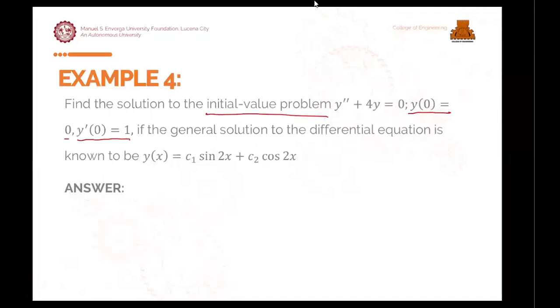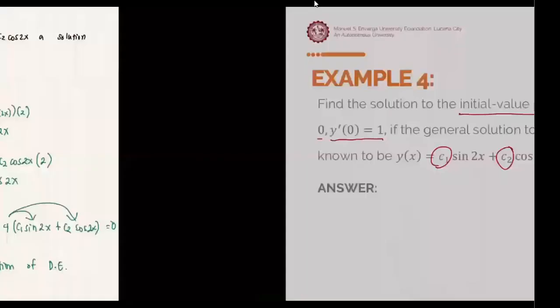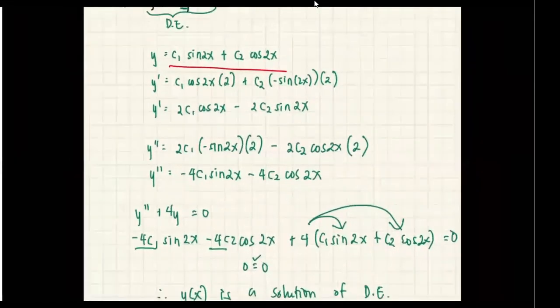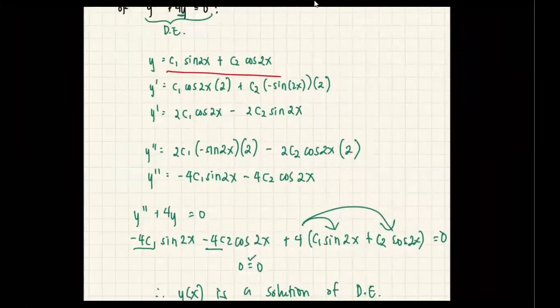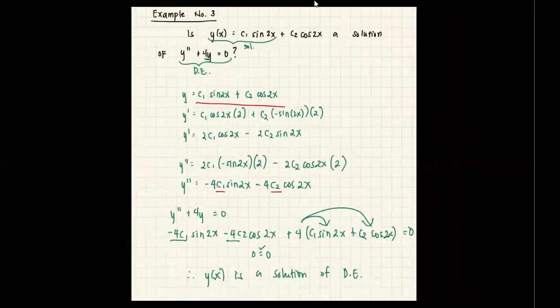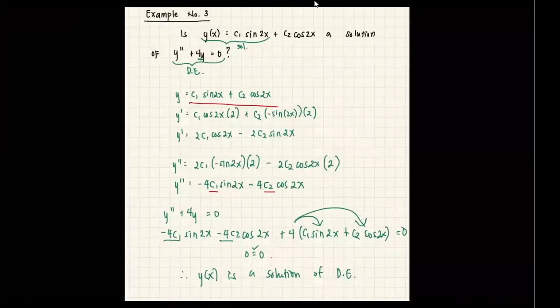So, nakuha na naman natin yung value. Since meron tayong binigay na initial value, makukuha na natin yung arbitrary constant natin. Unlike dito sa previous example natin, nakuha natin yung y'' pero hindi natin nakuha yung value. Nag-cancel out lang siya dahil sinasatisfy niya yung given equation.